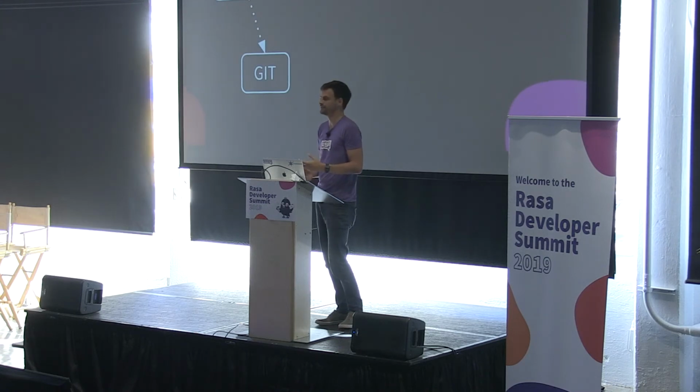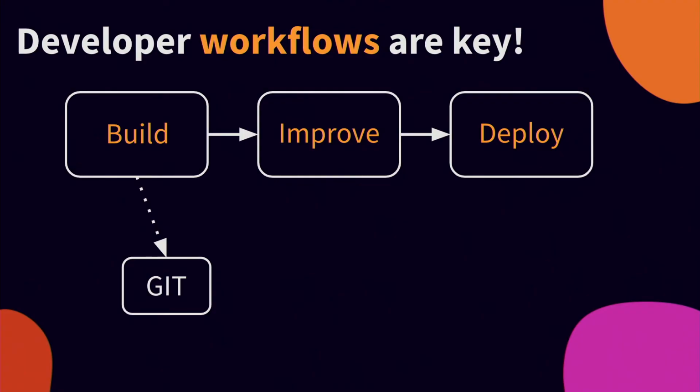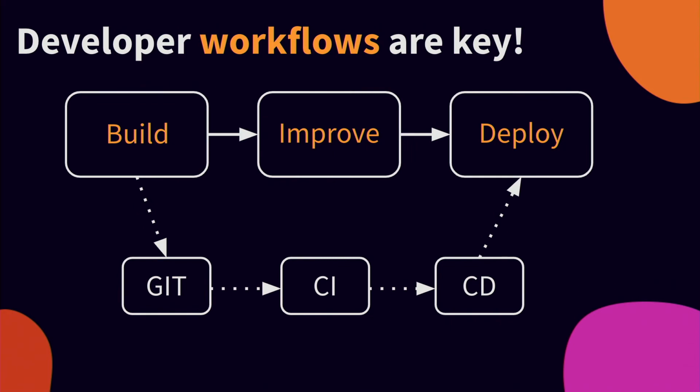And part of these workflows is Git, right? All the developers are working with Git. They store training data there. They store code there. And then moving from that Git storage, we usually connect that to CI, to Travis, CircleCI, whatever, building your code, testing it, making sure your code performs. And the last stage is usually continuous deployment, so spinning up servers in a staging area or even your production servers.